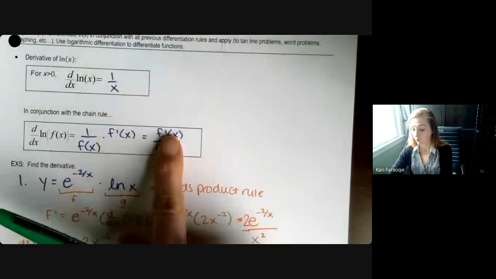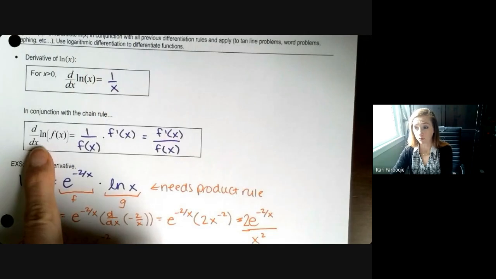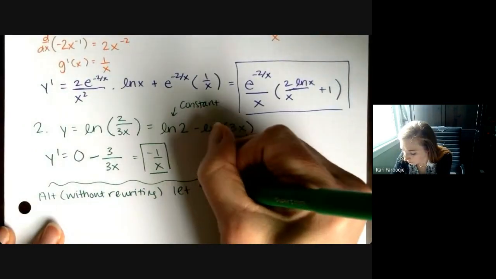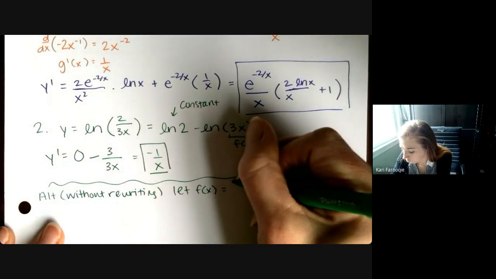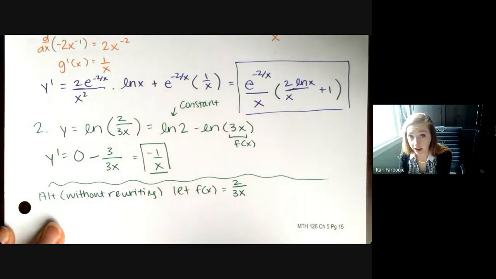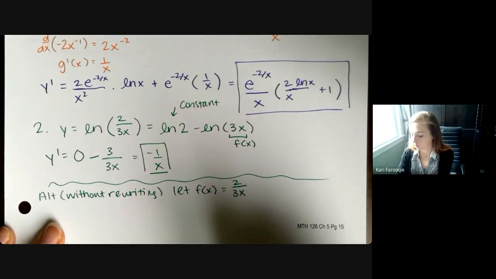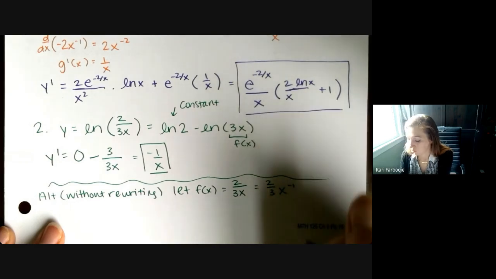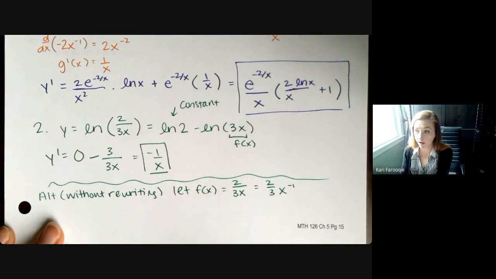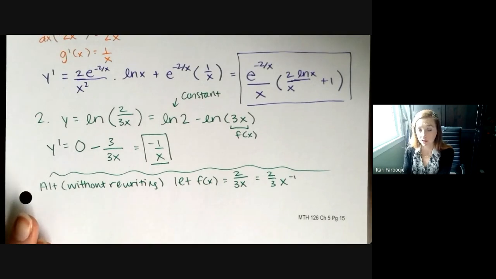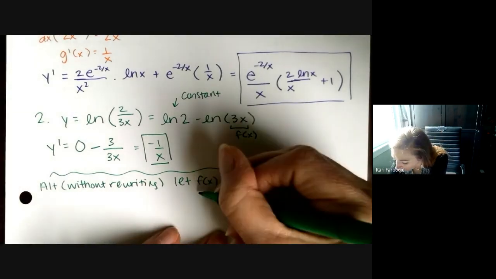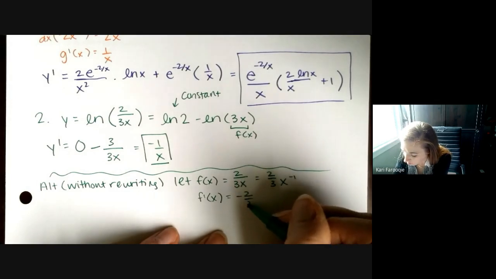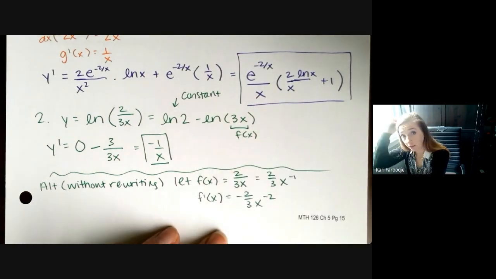So just using this rule as is without rewriting the function. So if we let f of x be 2 over 3x. Now, this is a case where you probably just rewrite this as 2/3 x to the negative first. You can do that. And then we'll talk about taking its derivative. So then f prime would be negative 2/3 x to the negative second.